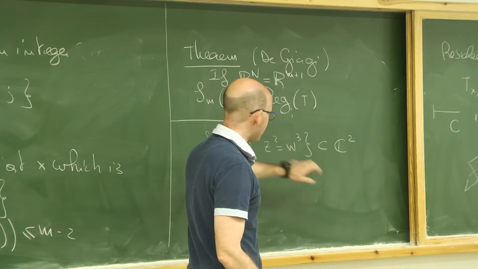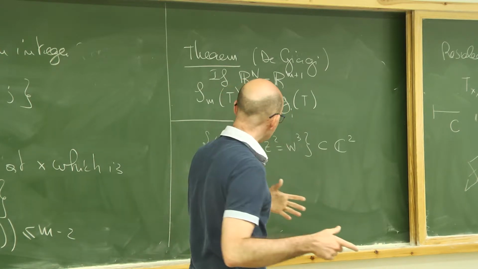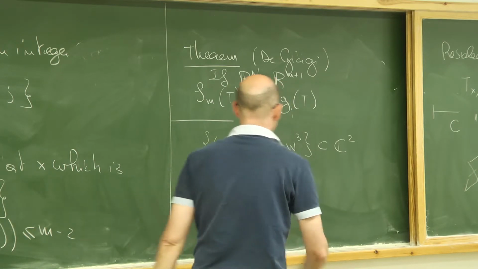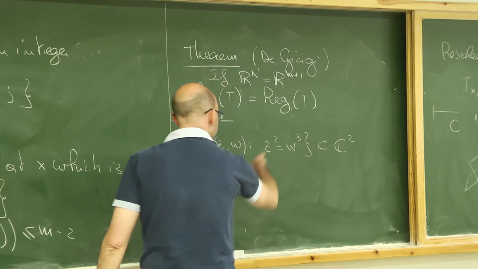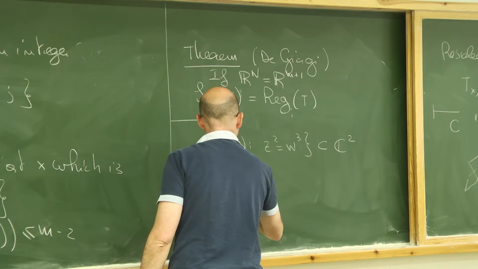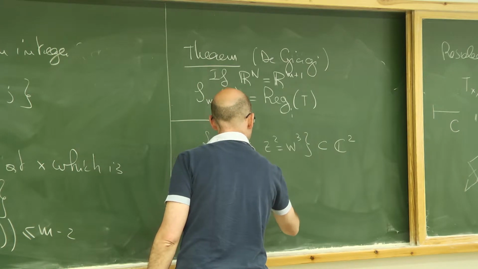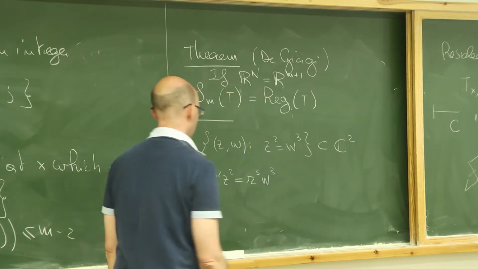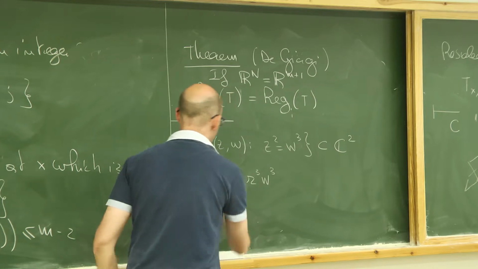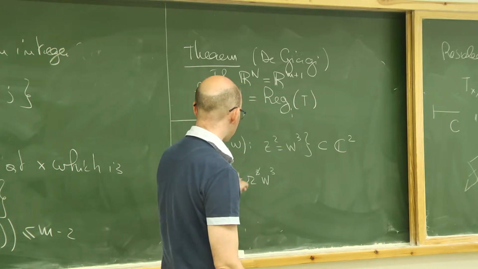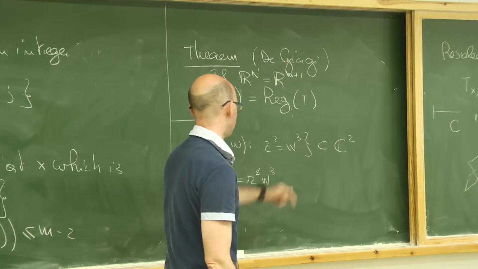But you see that if I apply this rescaling, when I rescale my surface by, say, R, the rescaled surface satisfies the identity R^2 z^2 equals R^3 w^3. And when I simplify the R^2 with the R^3, I see that z^2 is equal to R w^3.